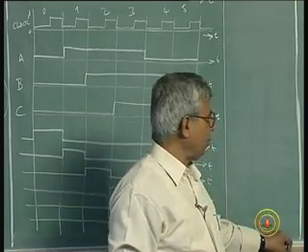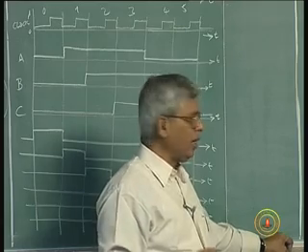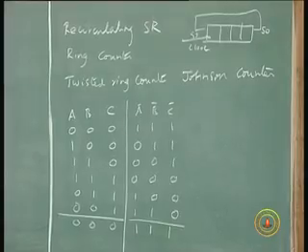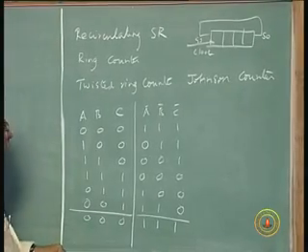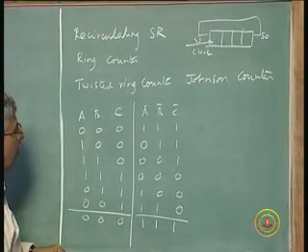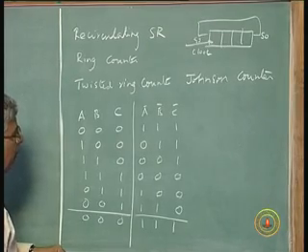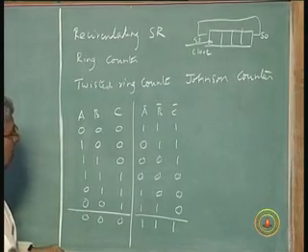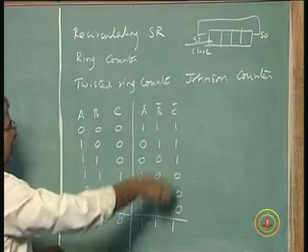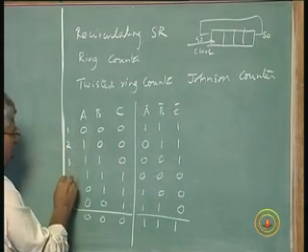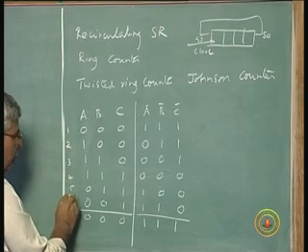Now, I can see the pattern, such that I want something to be on only for 1 clock period. If you take B bar and C bar, they are 1 only for the first clock period. Let us call this first clock period, second, third, 4, 5, 6.